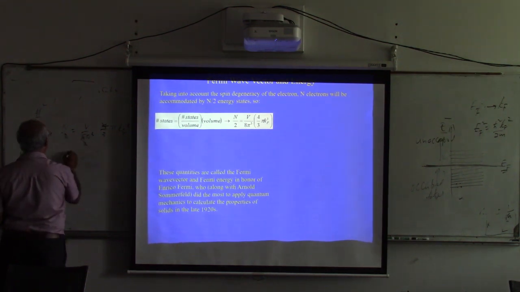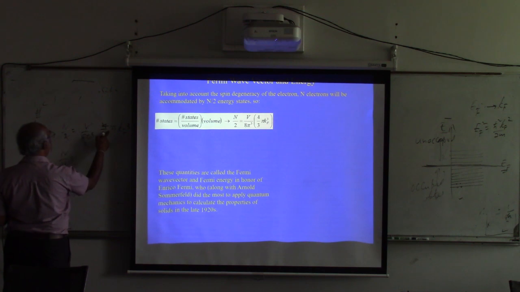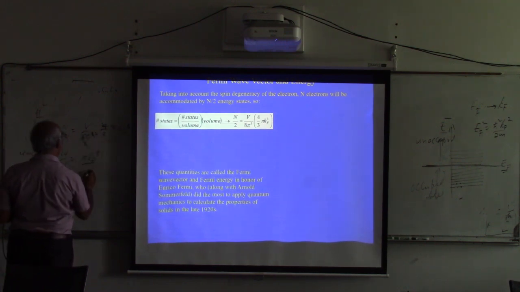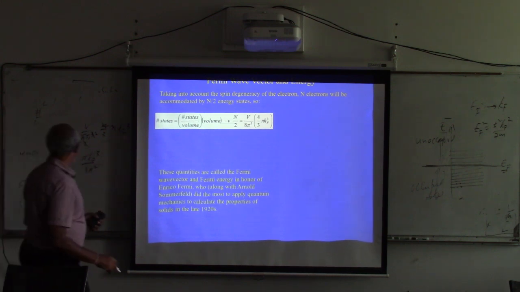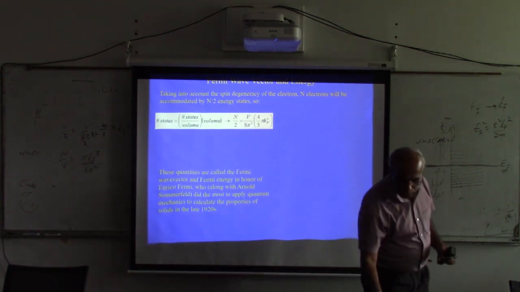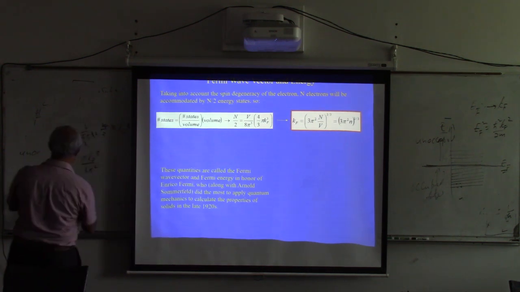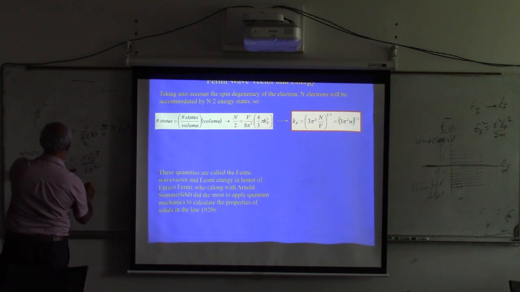Then I get N over V equals pi kF cubed over 3 pi squared, right? So if you write kF cubed, it is basically 3 pi squared.